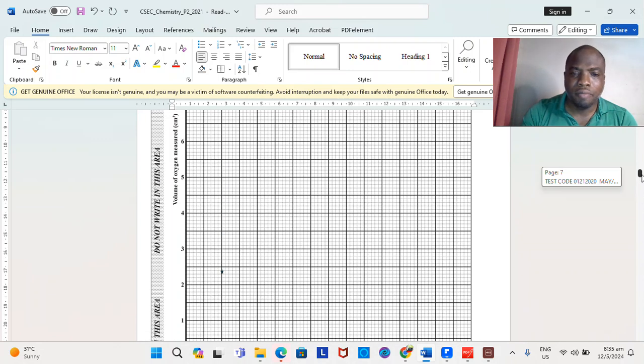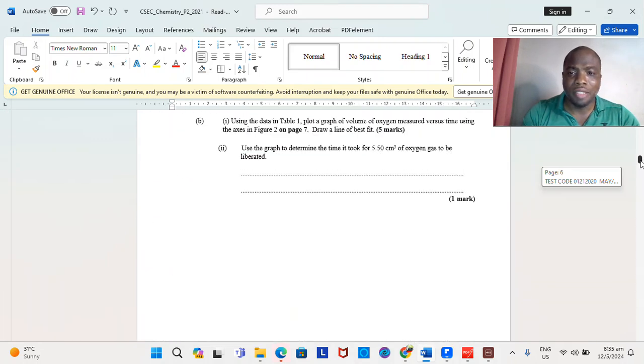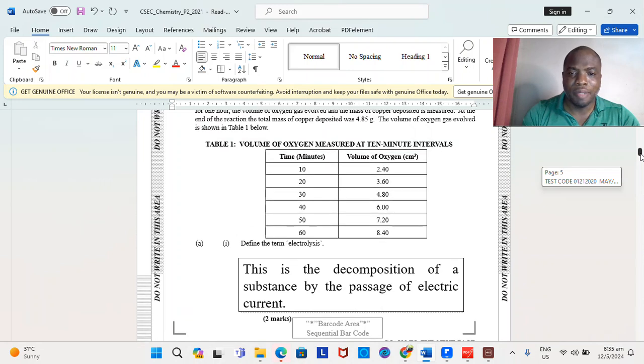Sometimes when the information, the table, is on a different page, to maximize on time, remember they say don't spend more than 30 minutes.